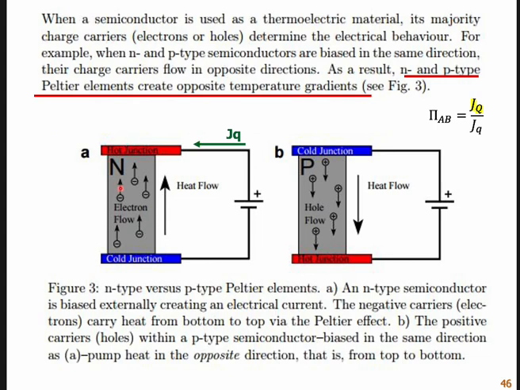So we have a current passing through here, right? And because this is N-type, the major carrier, which is the electron, will go in the opposite direction of the current. The current goes this way, so our electrons will go this way.